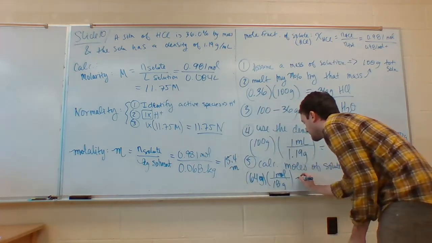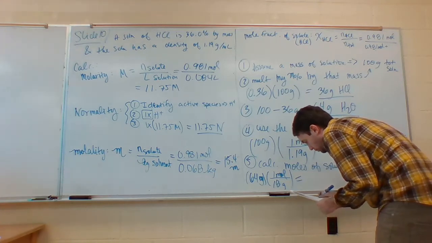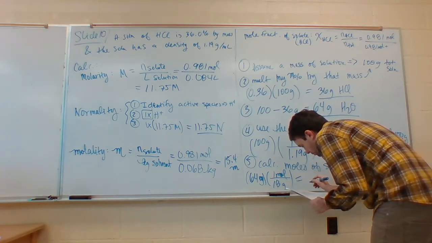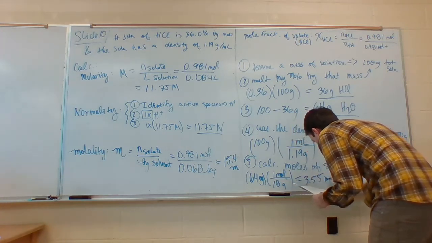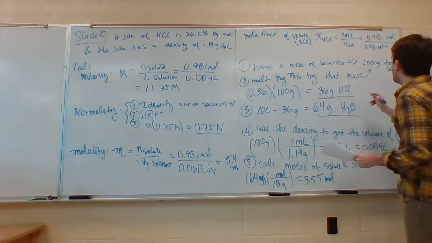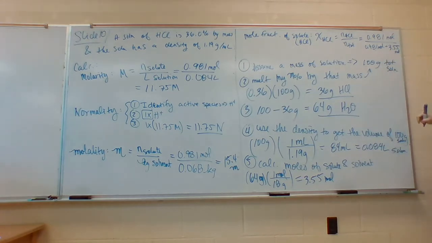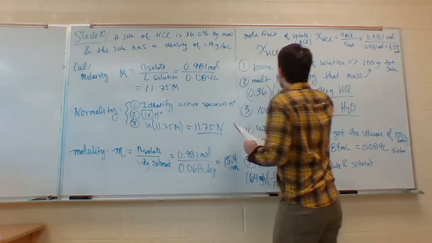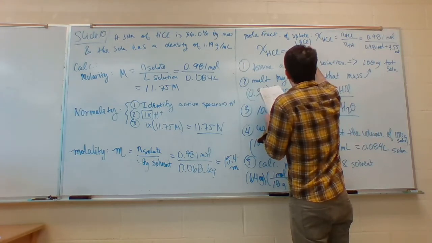Again, putting the grams on the bottom to cancel, which gives us 3.55 moles, and then I add 3.55 moles onto the bottom so that I get my moles total. Once I do that, I see that my mole fraction of HCl is equal to 0.217.